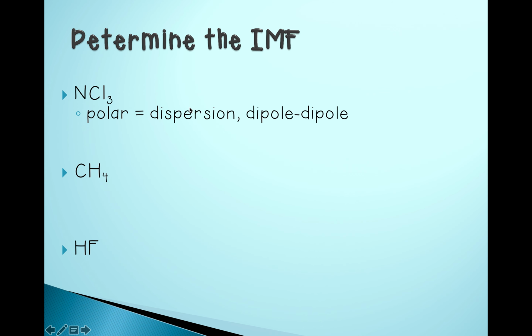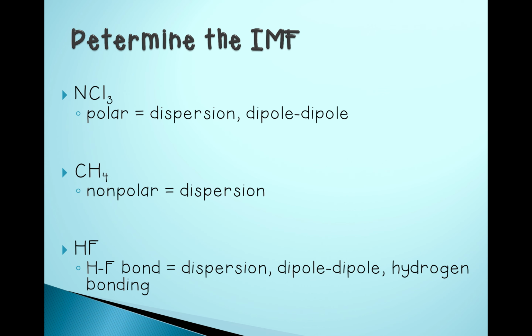We would also have everything underneath it, so a London dispersion force would also be present. For CH4, that's a tetrahedral shape. Tetrahedral shapes are almost always nonpolar. So this is a nonpolar bond, and so that means we're going to have a dispersion force. And then the final one, HF, we do have hydrogen with our fluorine, so we don't have to do any Lewis dot diagrams to figure out that hydrogen bonding is the type of IMF present there.